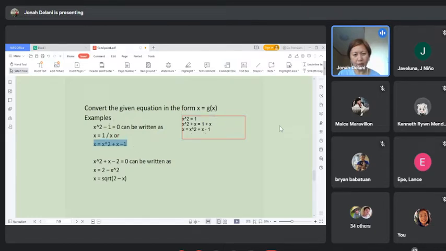So this is from this. I-rearrange lang siya to make the form solving x in terms of x. Let me know if medyo na-confused. Pero that's it.